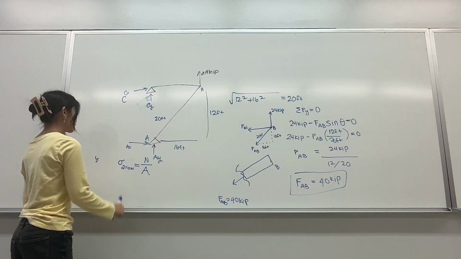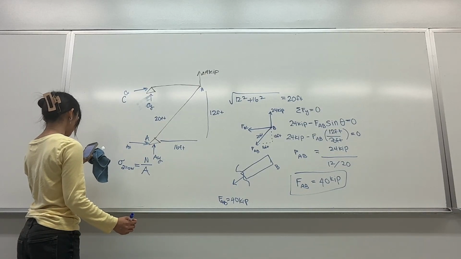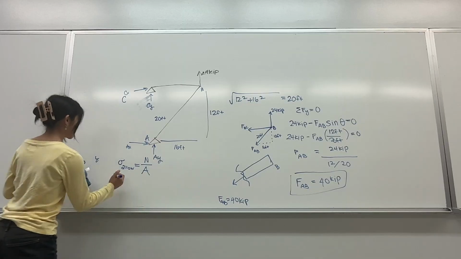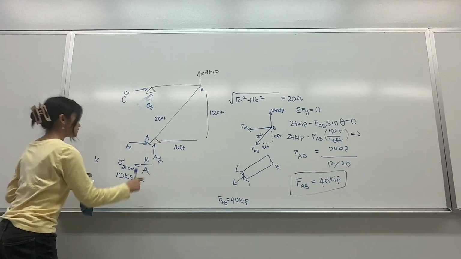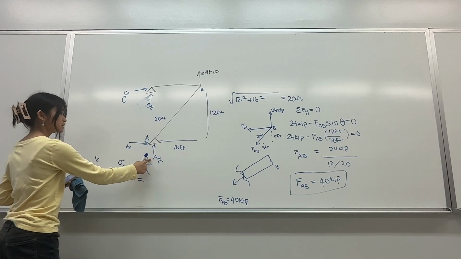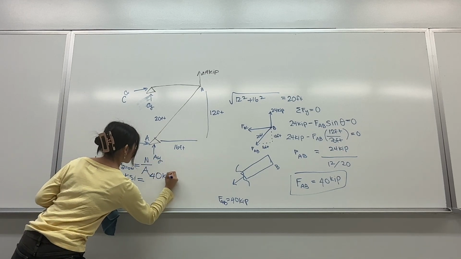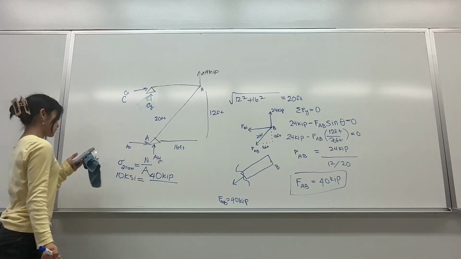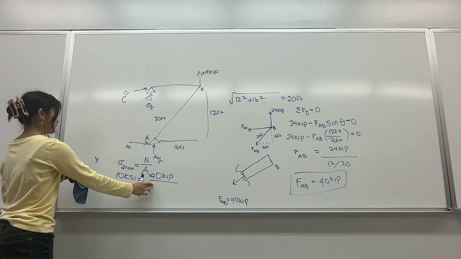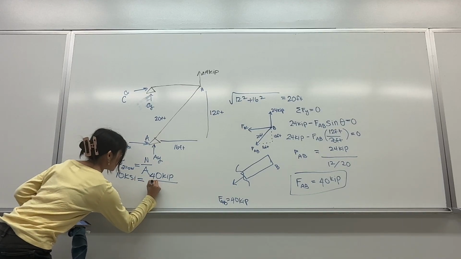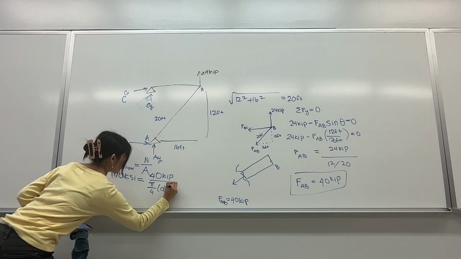Allowable stress is 10 ksi, so 10 ksi is equal to our normal force, FAB, 40 kip, over our area, which would be pi over 4 times diameter squared.